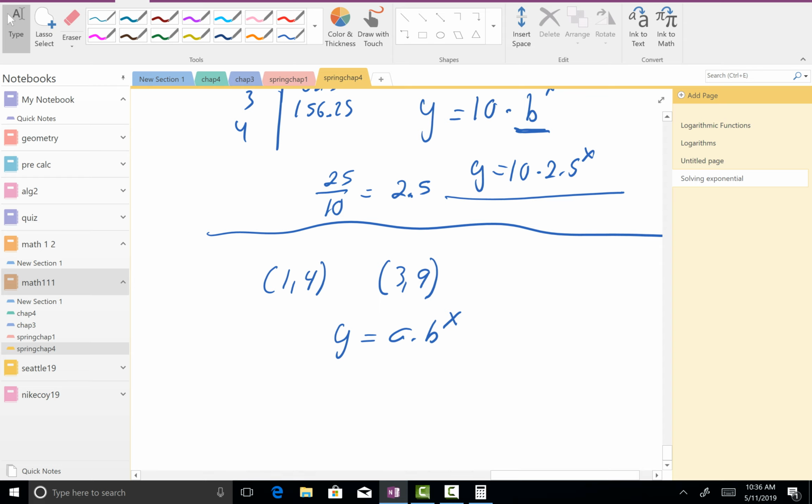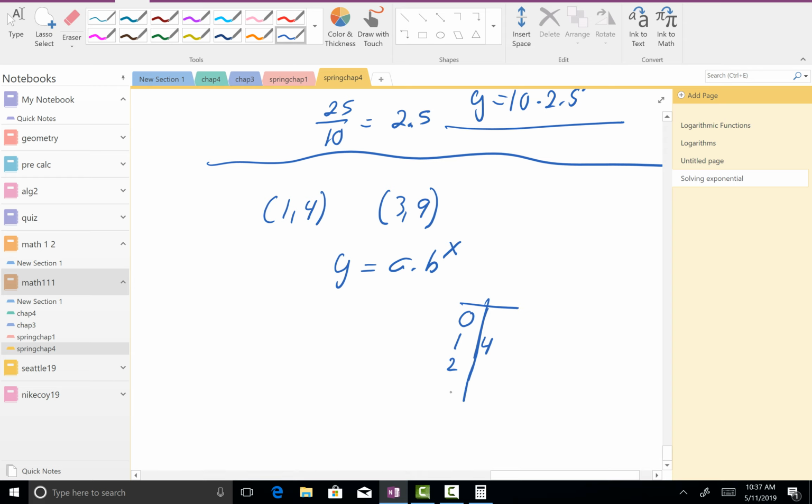All right, so there's actually a couple ways to work on this, but let me show you kind of a slicker way. So here's 4. So the 0 term, we don't know what that is. We know 1 is 4. We don't know what 2 is, but we know 3 is 9.